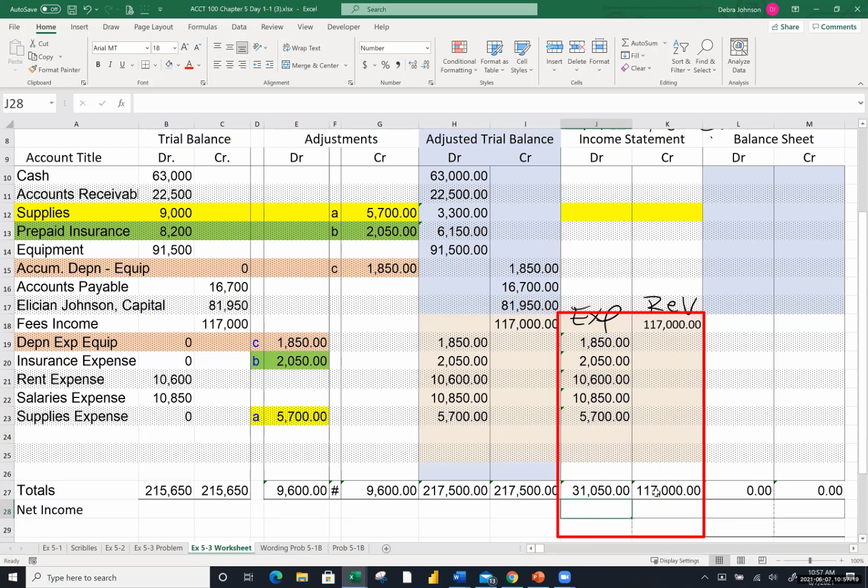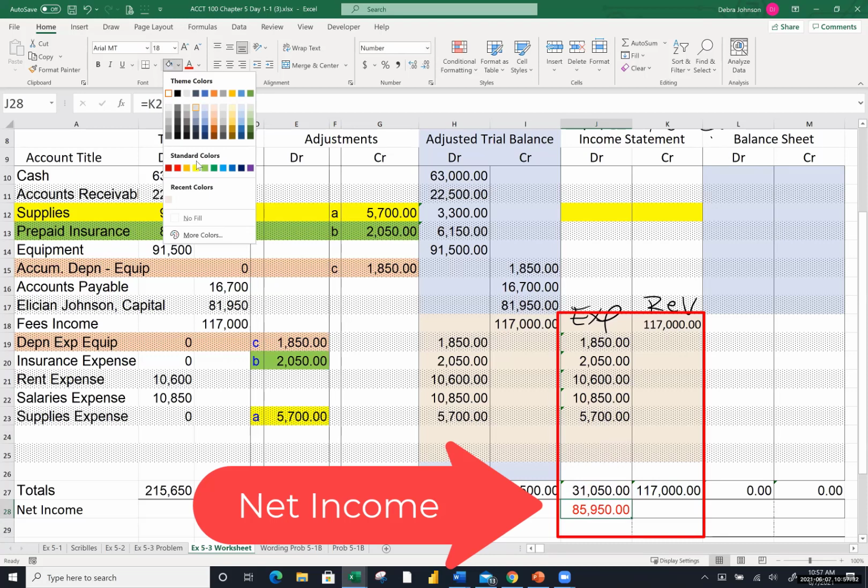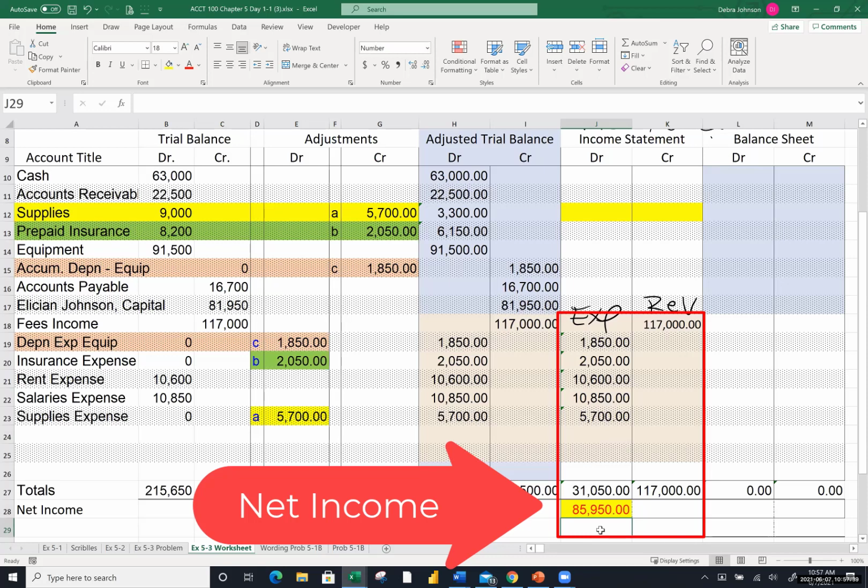So if these are his revenues and these are his expenses, net income is the difference. I'm going to take the difference between those two, and I'm going to show him that, look, I haven't finished up the financials yet, but you've made $85,950.